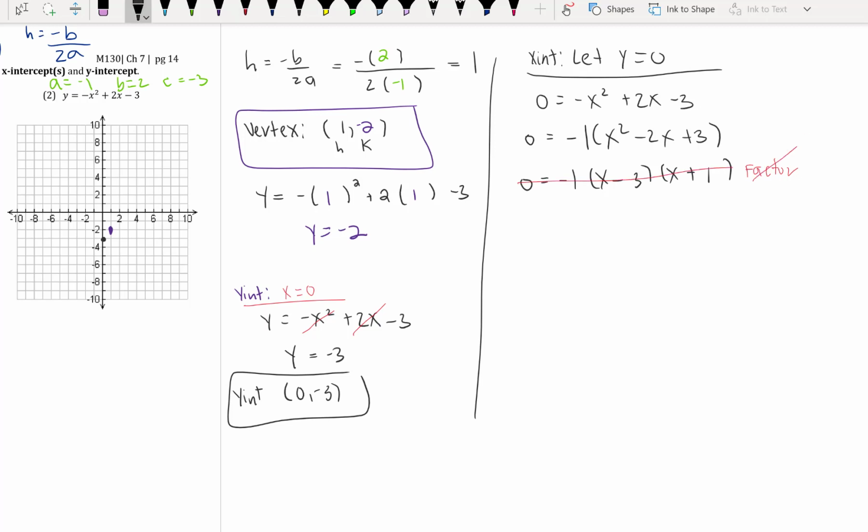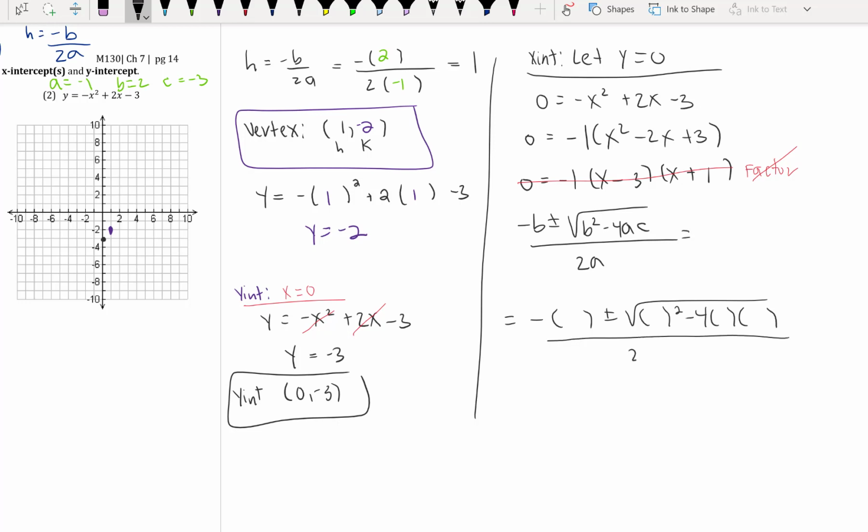I tried it. So now I'm going to do negative b plus or minus the square root of b squared minus 4ac, all over 2a. So this is where I do the quadratic formula. So I have negative b plus or minus the square root of b squared minus 4 times a times c, all over 2 times the a value.